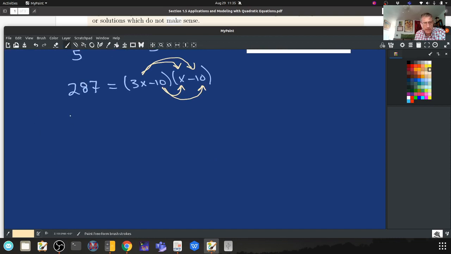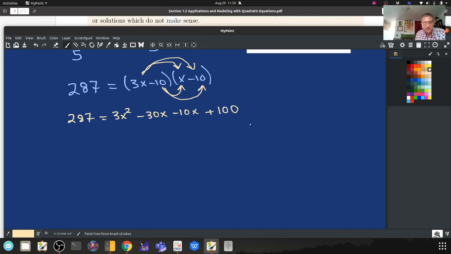That gives us 287 is equal to 3x times x is 3x squared, 3x times minus 10 is minus 30x, minus 10 times x is minus 10x, and minus 10 times minus 10 is plus 100.